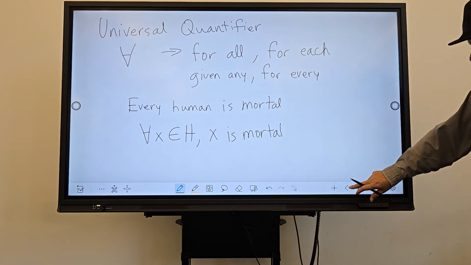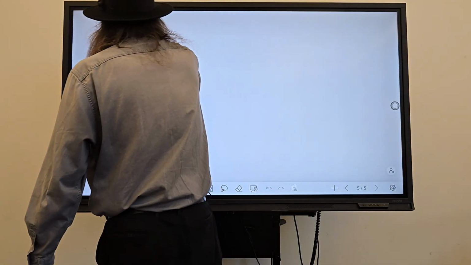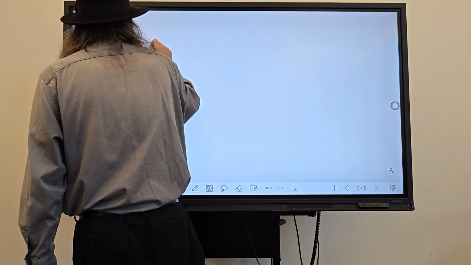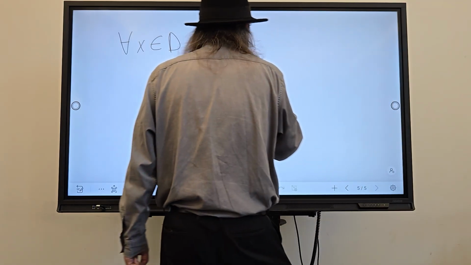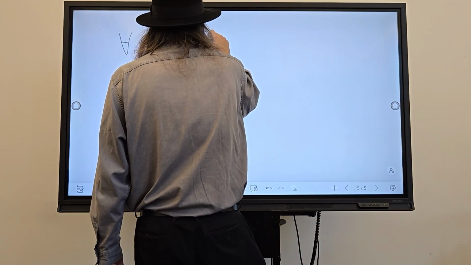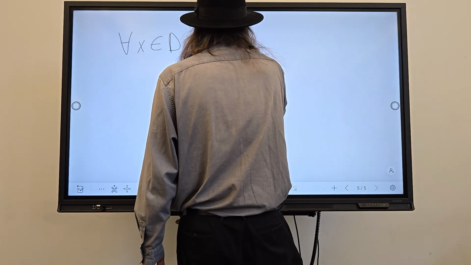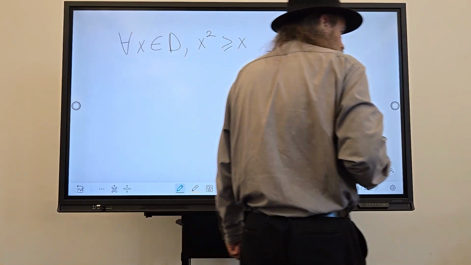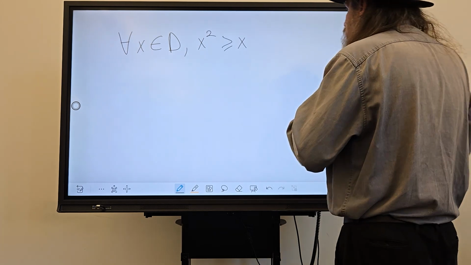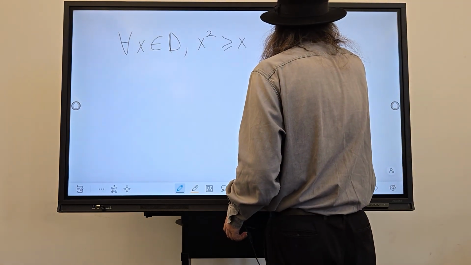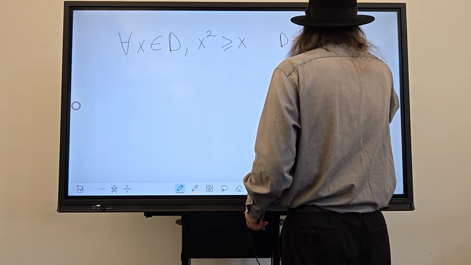So, consider, for all x element of D, x squared is greater than or equal to x, where D equals 1, 2, 3, 4, 5.